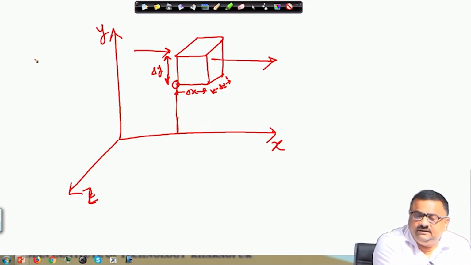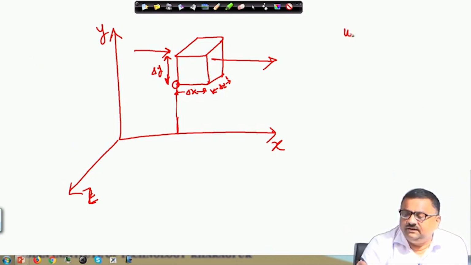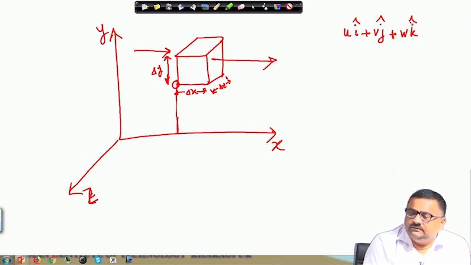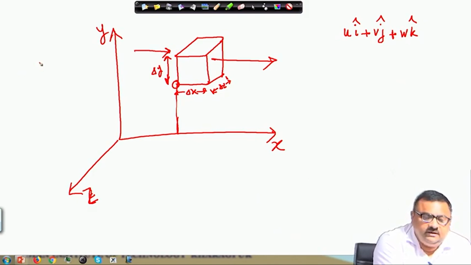If I write this velocity field as u i hat plus v j hat plus w k hat, then the flow going in from the left face is u at x, that is the velocity, multiplied by delta y delta z.